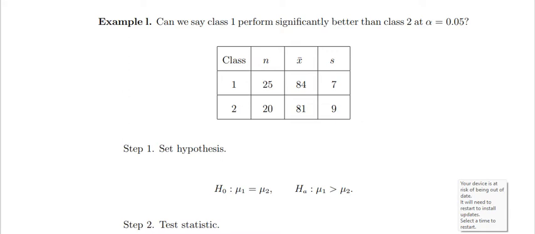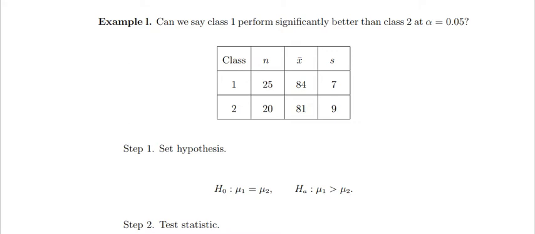Okay. So now suppose we have two sections for Math2526. We use the same exam, and we have this result: class 1 average is 84, class 2 average is 81.